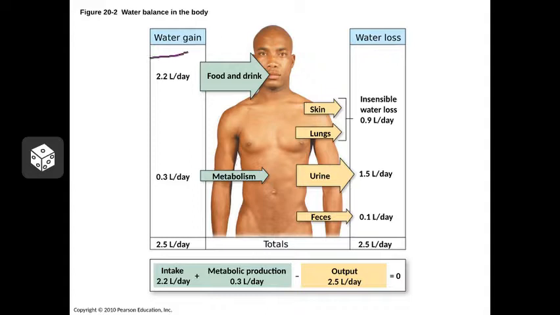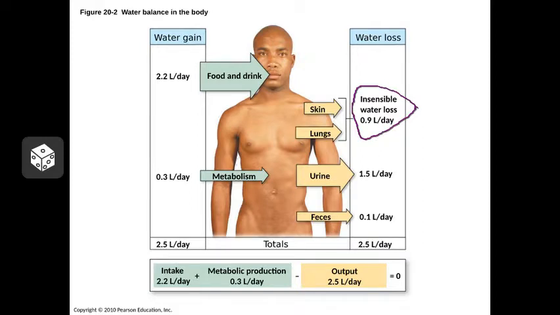So we will be looking at water gain. How do we gain water? Well, food and drink. Metabolically, when we have chemical reactions that are dehydration synthesis reactions, one of the products is water. So through metabolism, we can gain a little water. How about water loss?